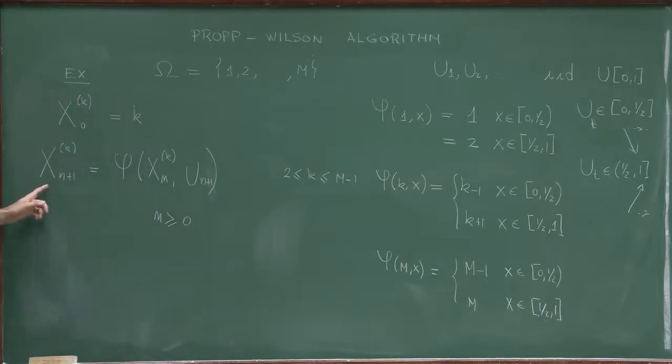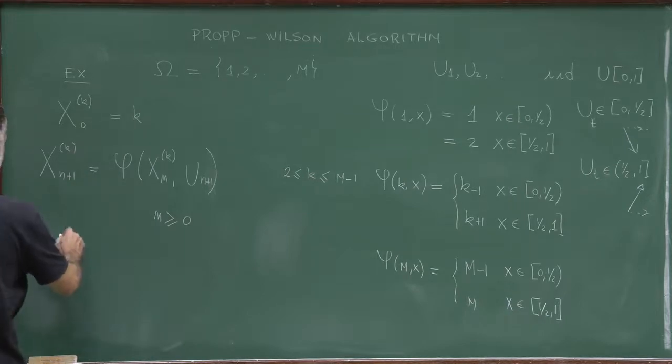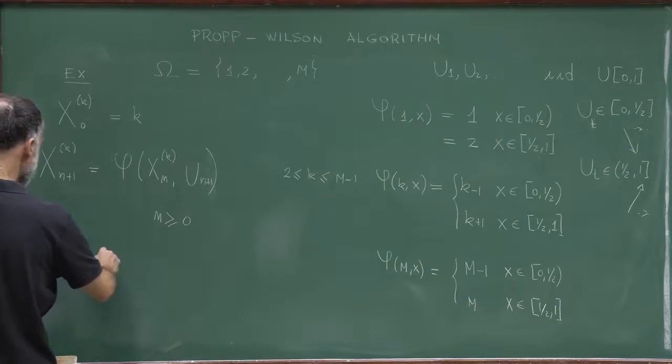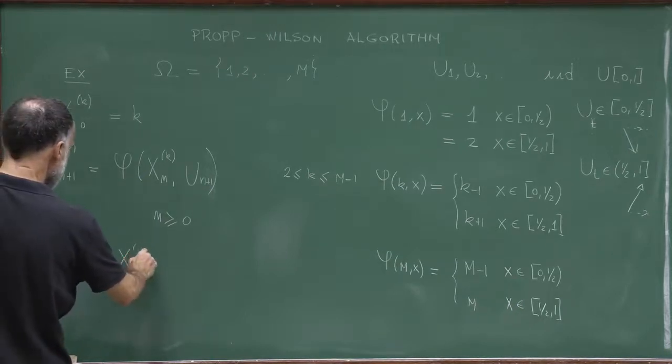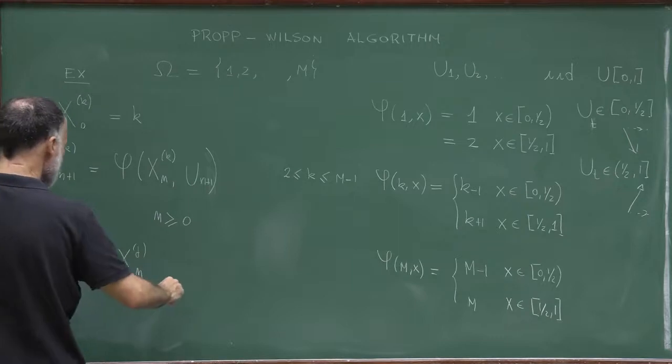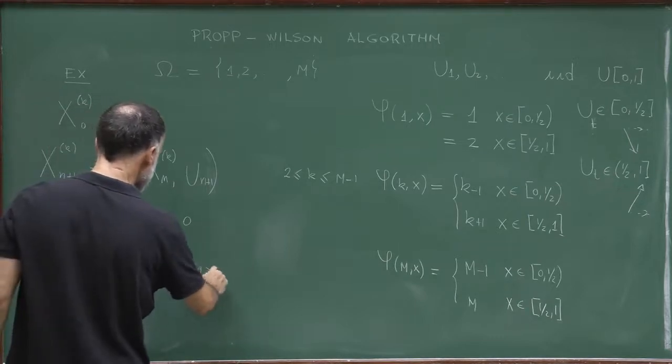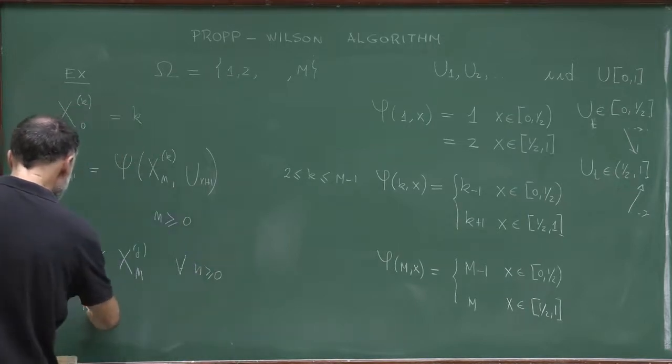This defines the chain, and now what I claim is that X^k_n is less than or equal to X^j_n for all n larger than or equal to 0, provided k is less than or equal to j.